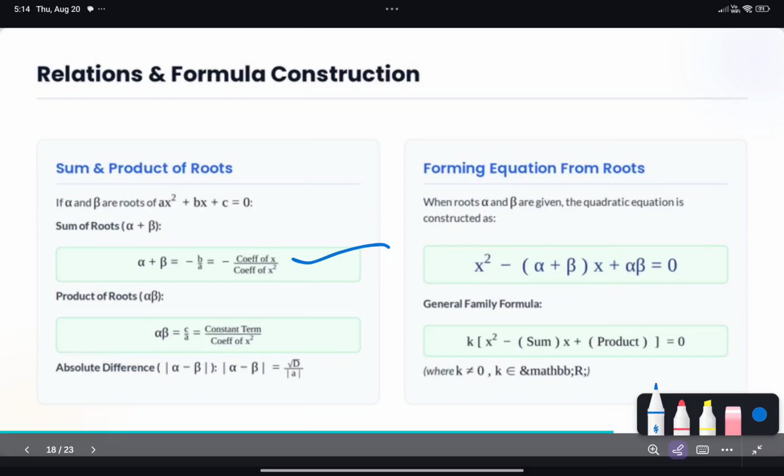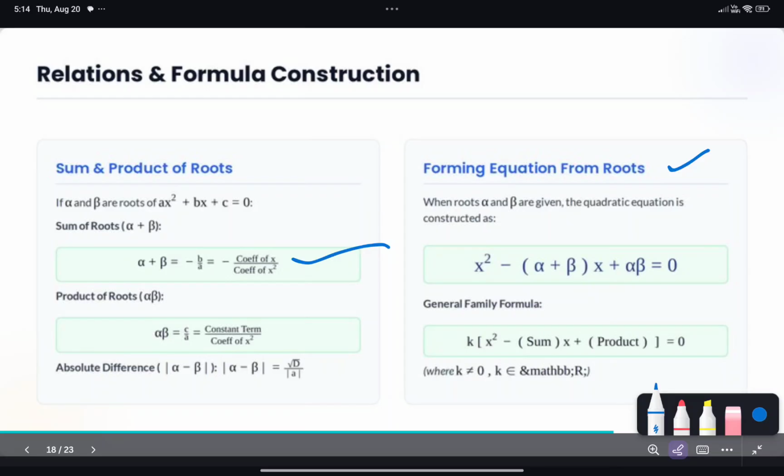No need, but just listen, okay? Forming an equation from roots. How do we form the quadratic equation? We only know alpha and beta, the sum and the product of the zeros.